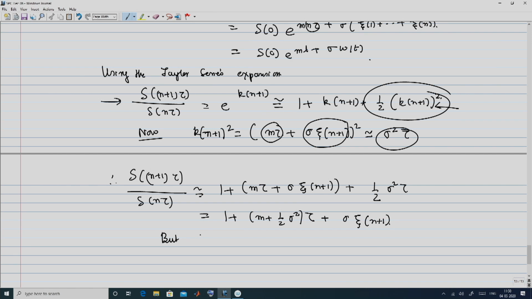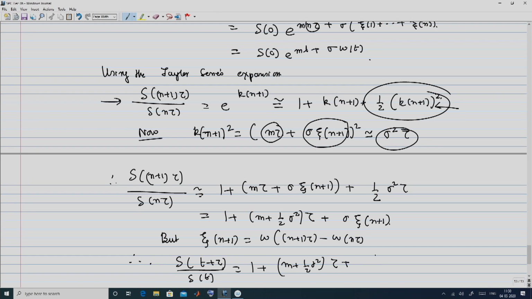But recall that by definition xi n plus 1 is w of n plus 1 of tau minus w of n tau. So, from here we get, n plus 1 tau is nothing but t plus tau, so s of t plus tau over s of t is going to be 1 plus m plus half sigma square tau plus sigma into w t plus tau minus w t.